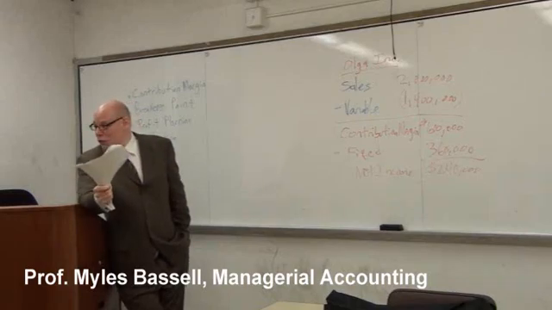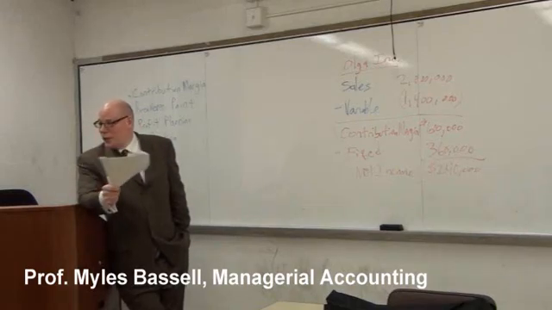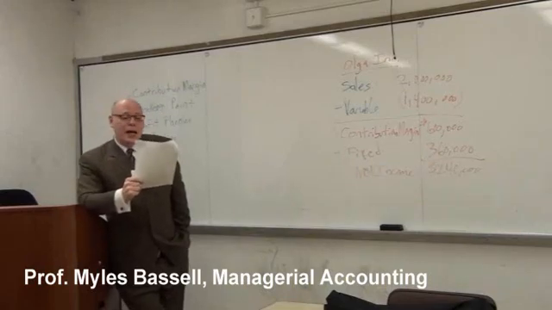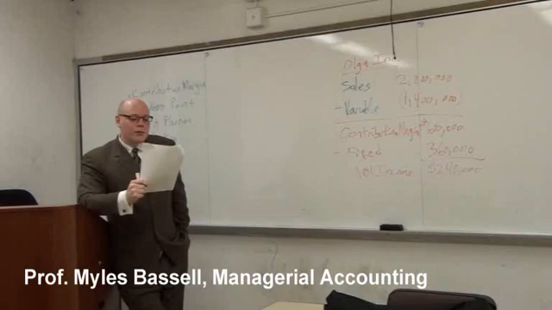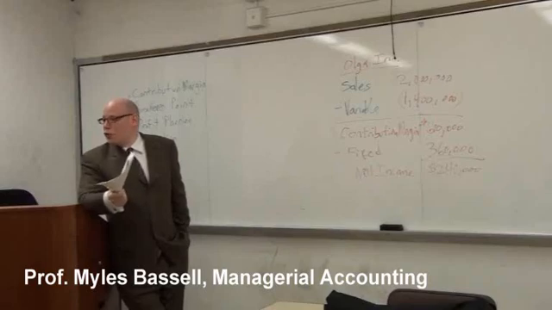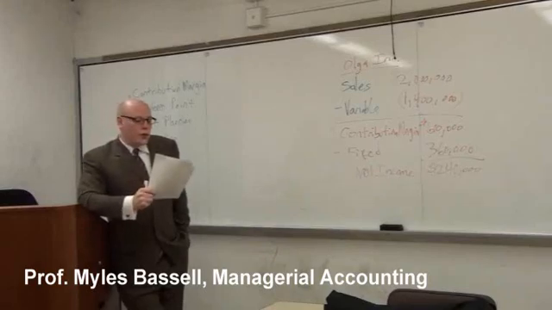Because remember we did a schedule of cost of goods manufactured and calculated the cost of goods sold. Here we produced 40,000 units and sold 40,000 units, so we're going to assume no beginning and no ending inventory.